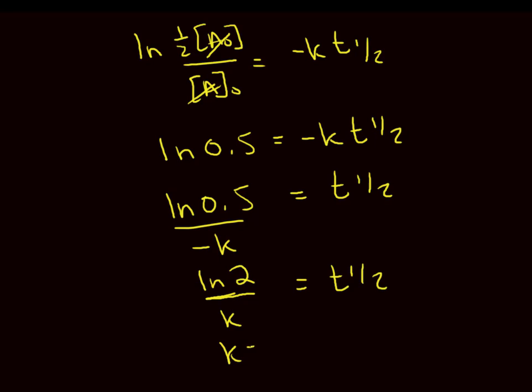And let's recall that k is our rate constant for our decay mechanism. Now, why is this significant? Well, we just have the natural log of 2 over k equals t 1/2.